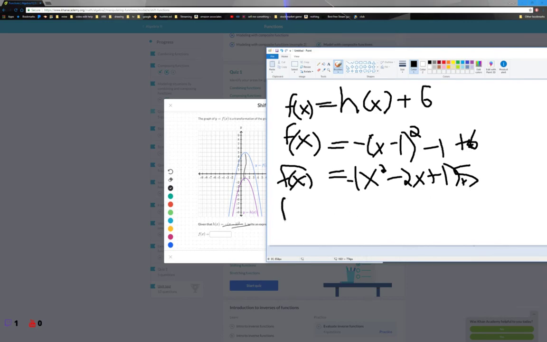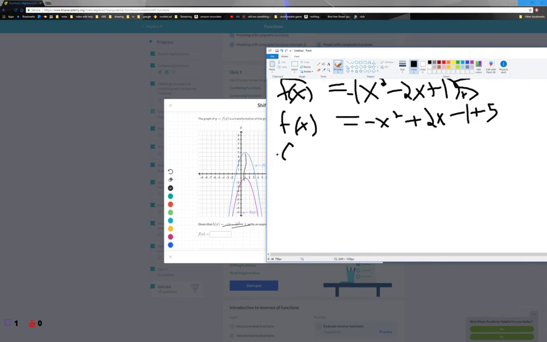Sorry about the handwriting again. f of x equals, so we'll distribute the negative to be negative x squared plus 2x minus 1 plus 5.